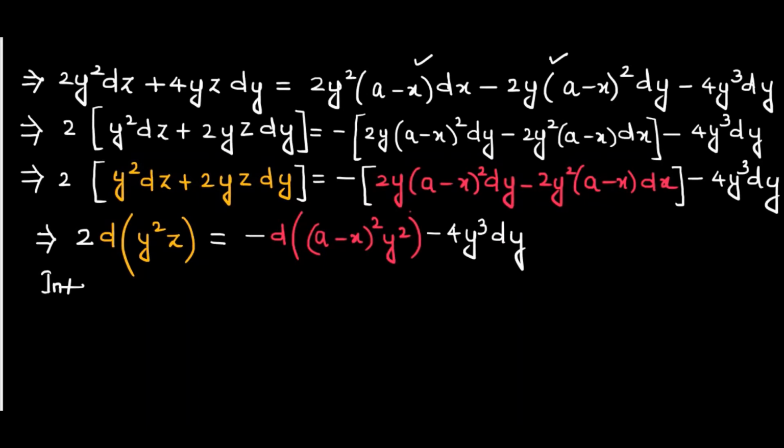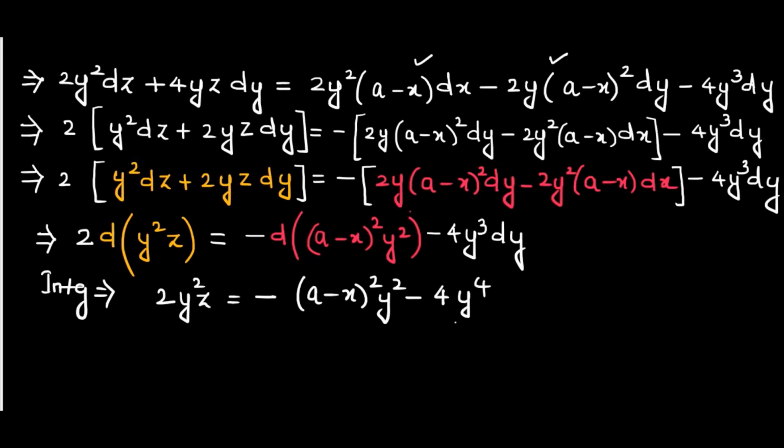So after integrating, you get 2, the differential operator cancels, you get y square z. Here also the differential operator cancels, so you get (a minus x) square y square minus integration of y cube with respect to y, which is y raised to 4 by 4, and you have to add a constant, say I am adding b.